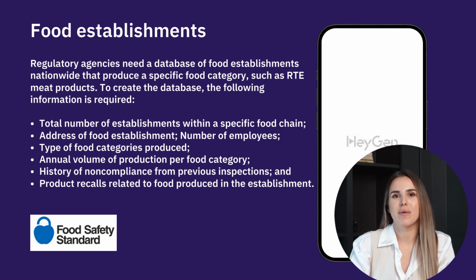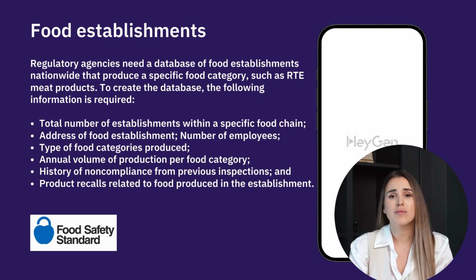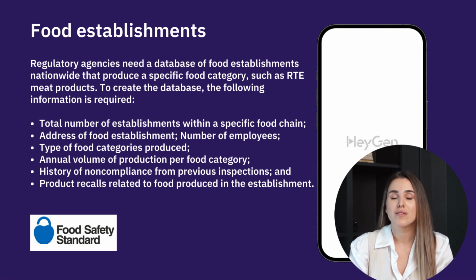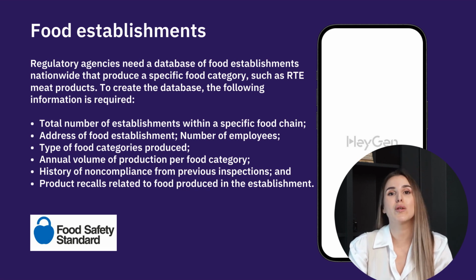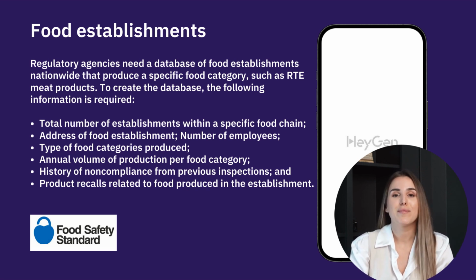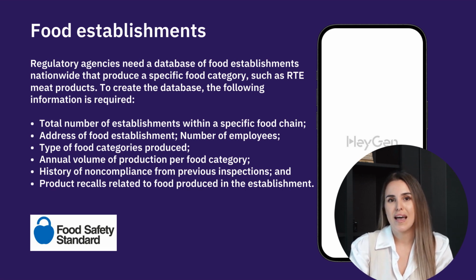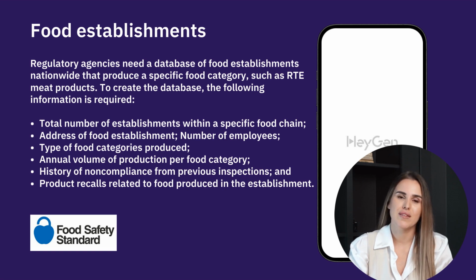To create the database, the following information is required: total number of establishments within a specific food chain, address of food establishment, number of employees, type of food categories produced, annual volume of production per food category, history of non-compliance from previous inspections, and product recalls related to food produced in the establishment.